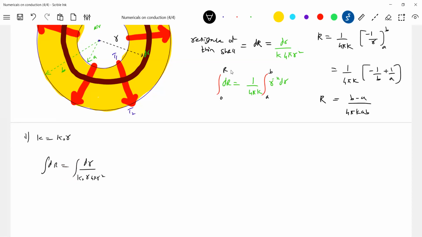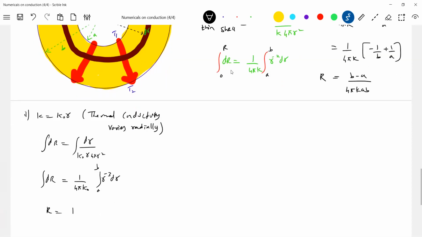Next step, let me go for the limit. So this is dr over 4 pi K naught, limit A to B. K we took uniform before; here I brought K variable, thermal conductivity varies radially.